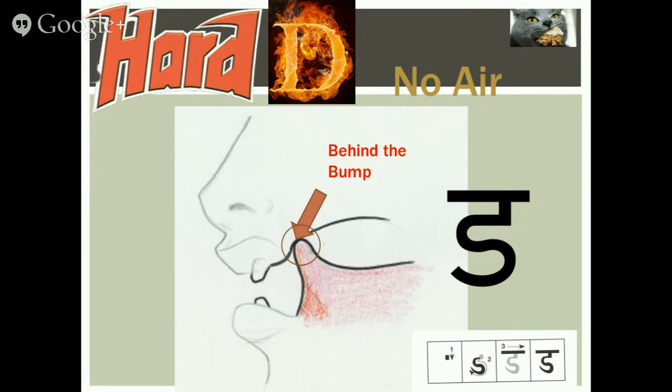Okay, so once again, just as most other letters in the Devanagari alphabet, we have the D sound, the hard D sound, the retroflex D sound with no air. Da, da, da, da.